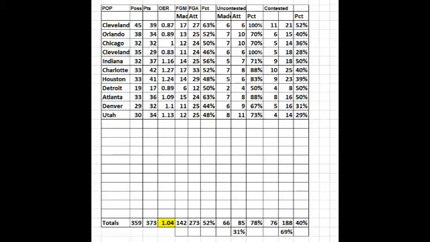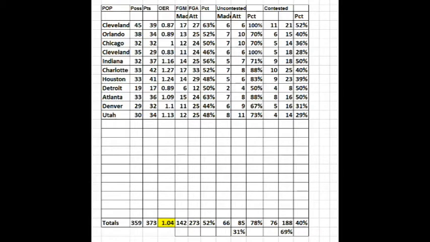And that is because those two combined have a tremendous influence on the field goal percentage because they're creating more uncontested shots.